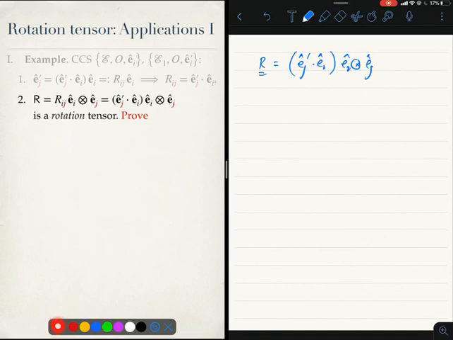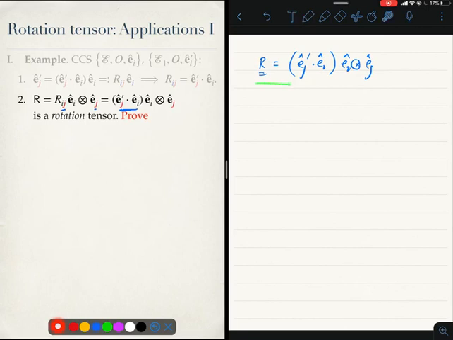Note how I have colored J here. It is Rij, but it's Ej prime dot Ei. It's a common mistake to forget the order in which J and I occur here. So if it is Rij, it is Ej prime dot Ei. Just be careful of this ordering.